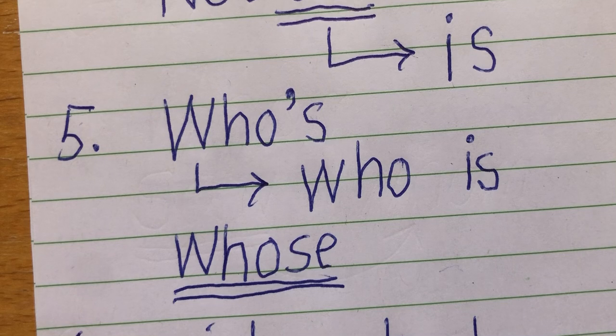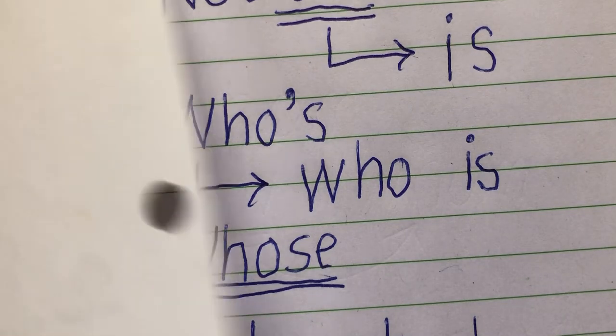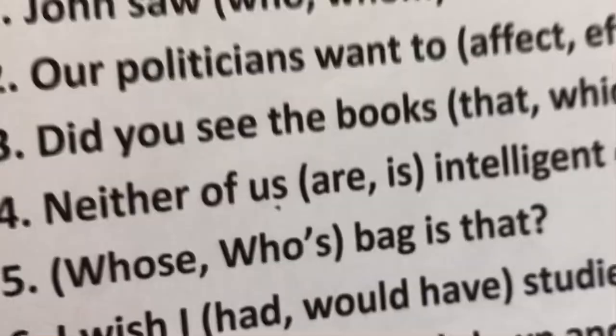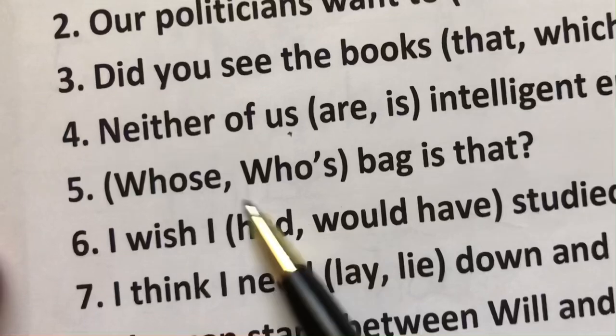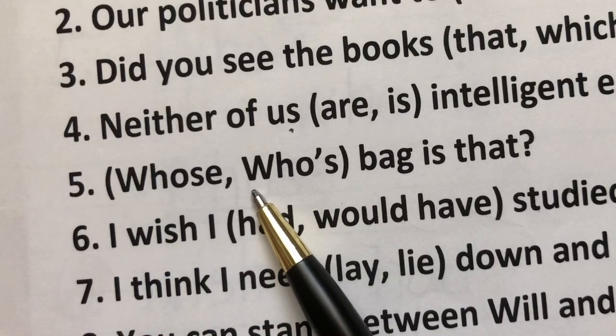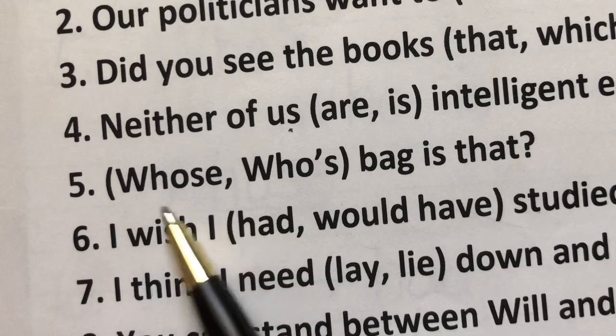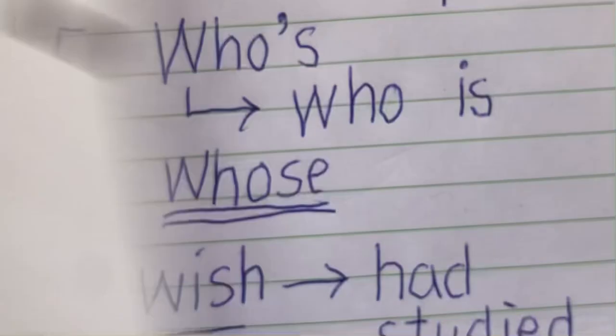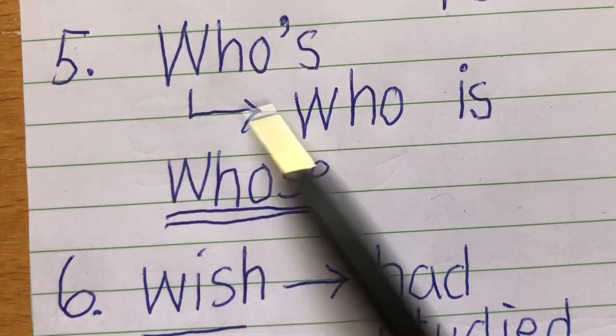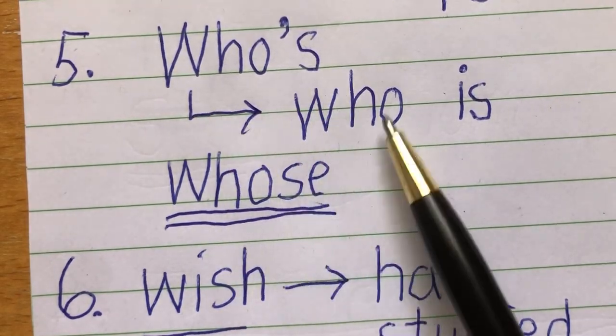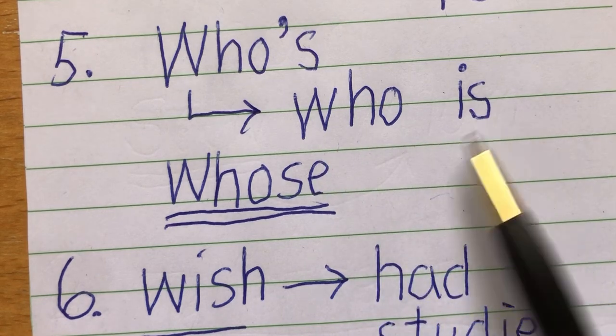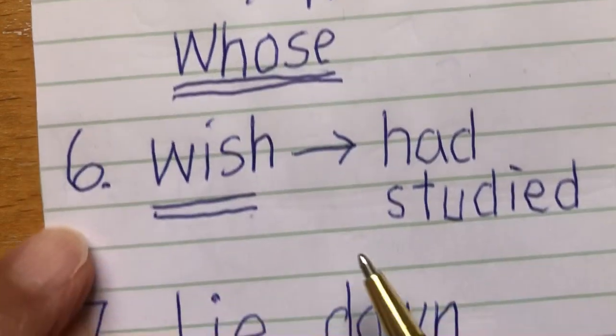And in this sentence, who is is not the choice. Who is bag is that? That's not right. So you choose whose. This means who is, which is not correct. So you choose whose.